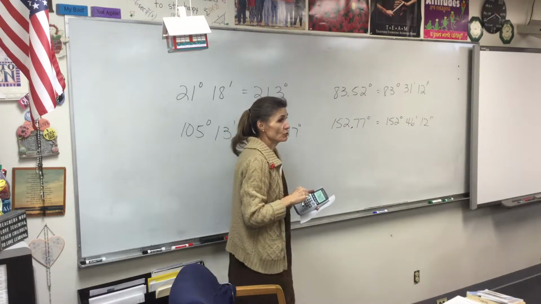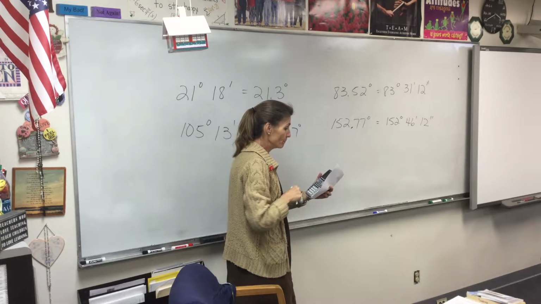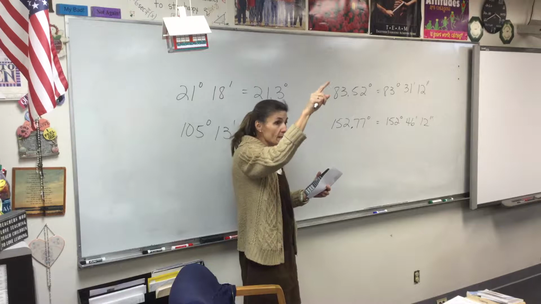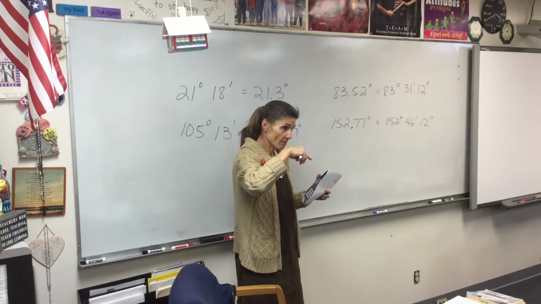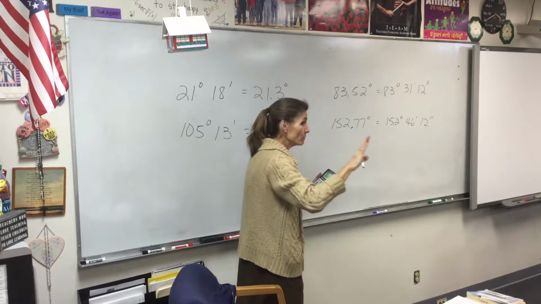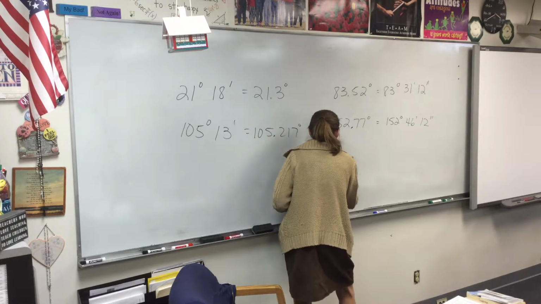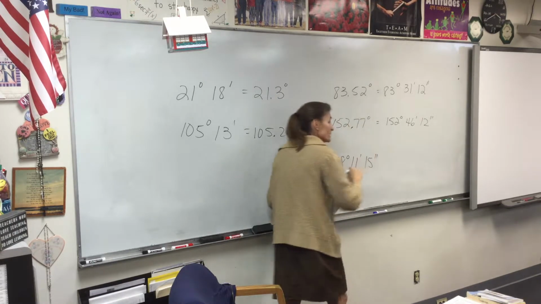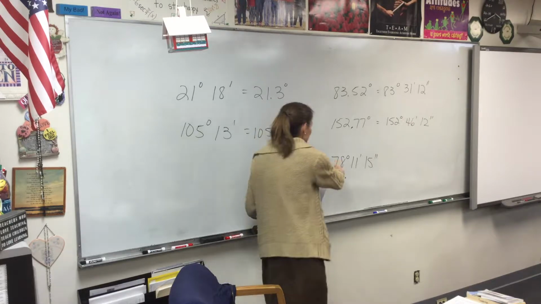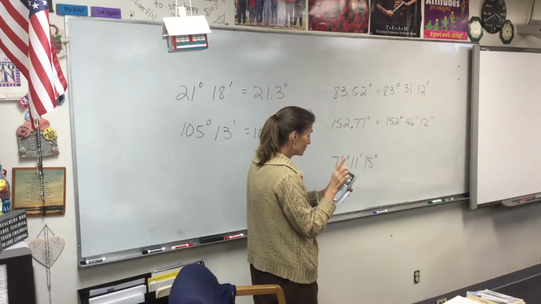One tricky thing I should have told you before. If you go into your angle menu, you got the degree and you got the minute, right? But there's no second mark there. For whatever reason, if you want to type into your calculator 78 degrees, 11 minutes, and 15 seconds, do it with me: 78, you know how to get the degree mark.